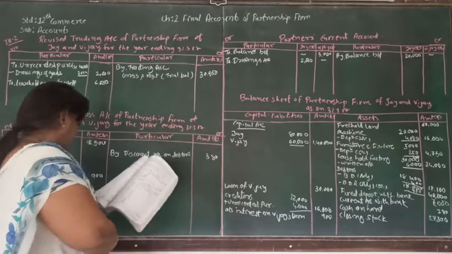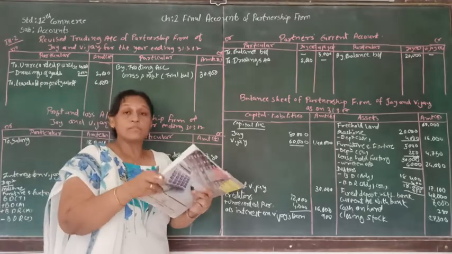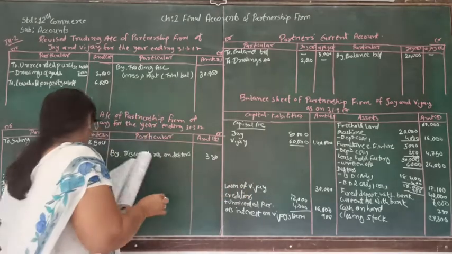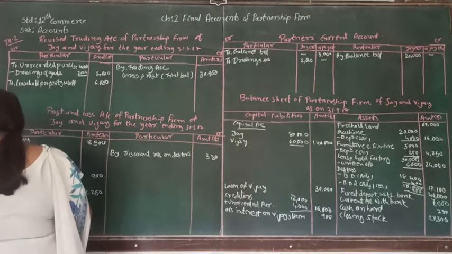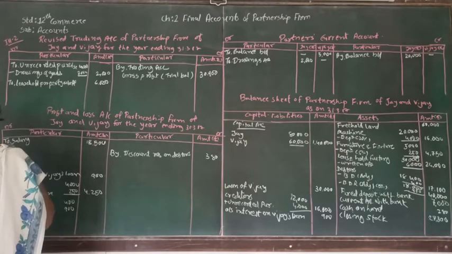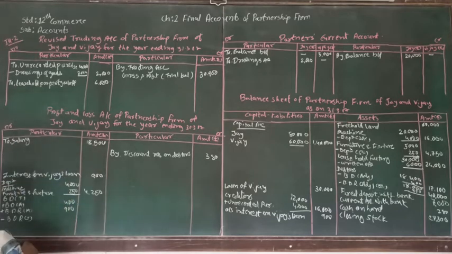Now the next account is the bad debt reserve. So this is the bad debt reserve of trial balance, and that's supposed to be written here. That is 1,000. Now after bad debt reserve, the other account is insurance premium.